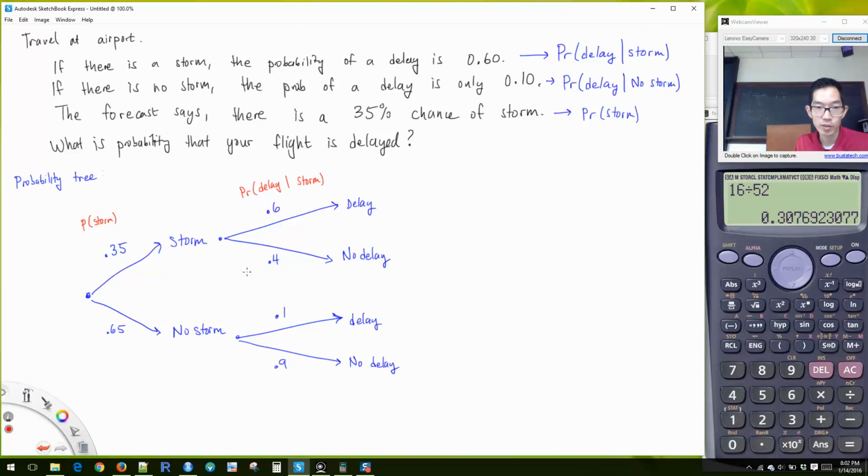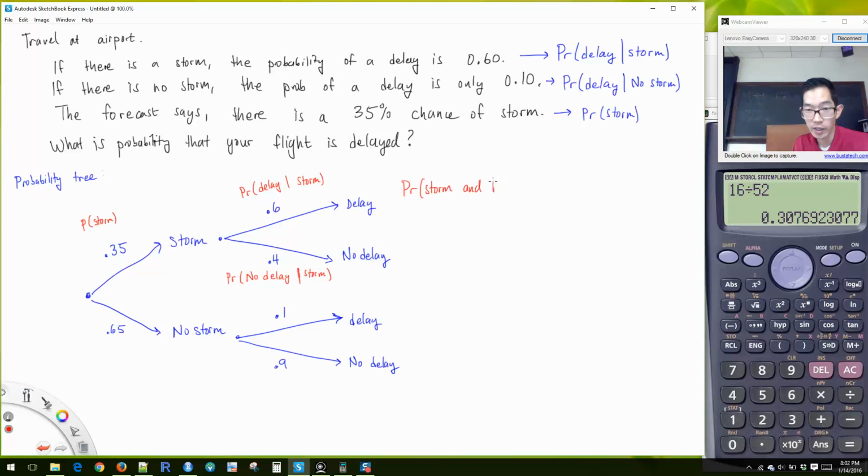This 0.4 would be the probability of no delay given storm. You can fill out all of the labels, but I just want to illustrate this.